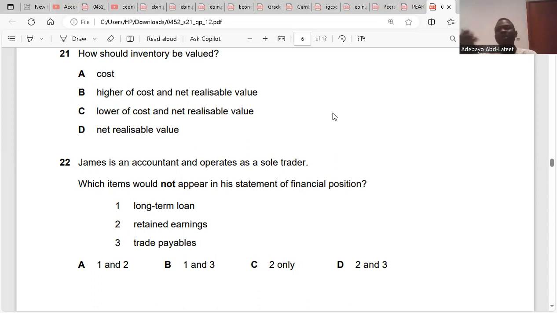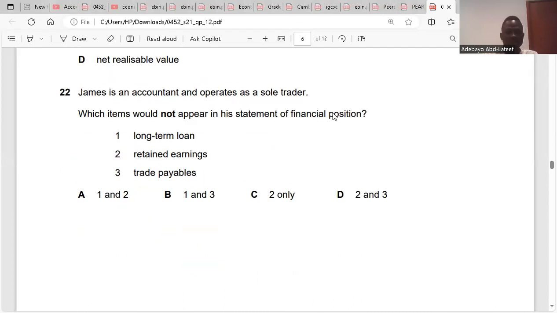Whenever you talk about an inventory, you should measure it based on the lowest cost possible. You don't get inventory at a higher cost. How do you make sales? How do you make profit as a business? So the cost should be low, and you have to estimate the closing inventory through your NRV, net realizable value. Clear? So the answer is C.